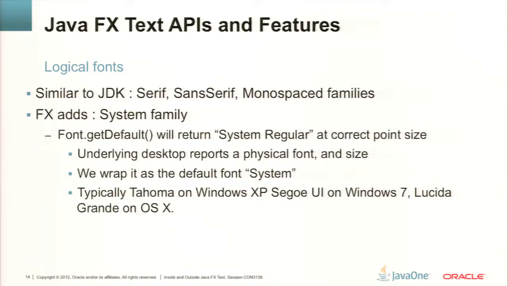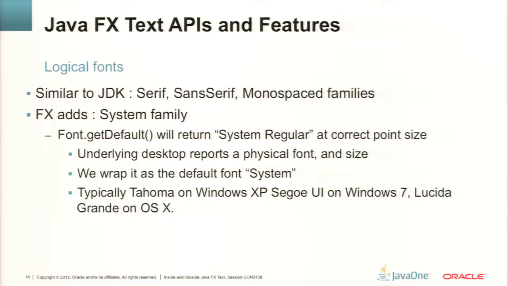Now, people might ask, why doesn't it return Segoe UI to me, if it's Segoe UI? Well, because we want people to be able to do something like set font, system font. By saying set font system regular, that's really what I want people to be able to say.